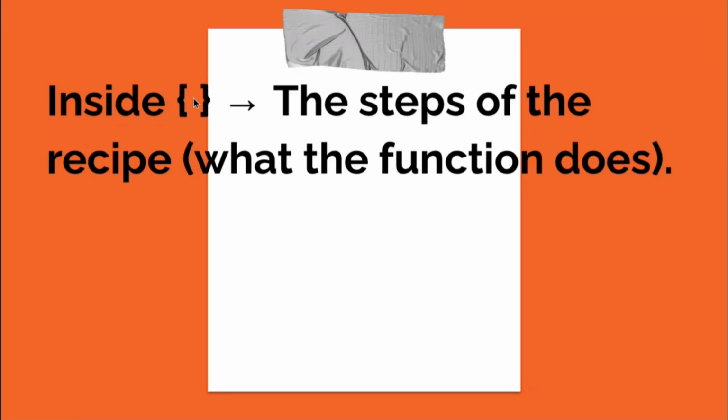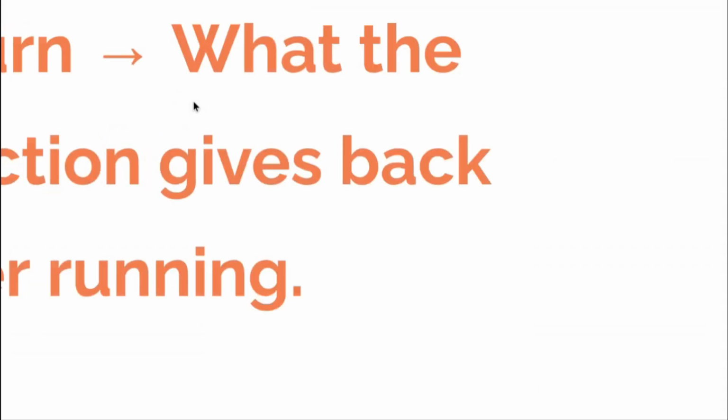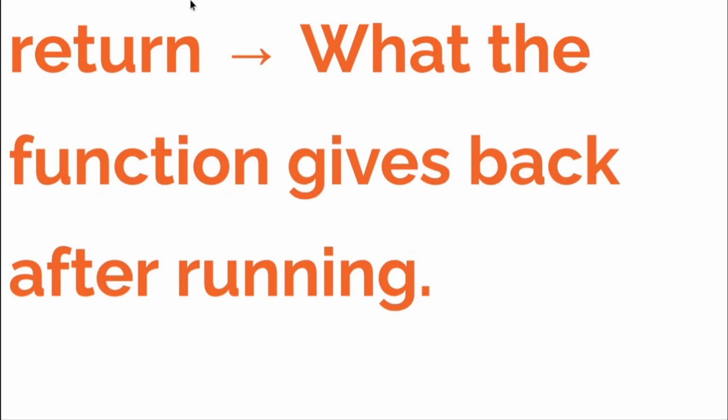Inside of this bracket, it will contain the steps that need to be taken to prepare what you want to do. So that is what function does. Then after the steps, it will give you an output. So it will now write return. This is what the function gives back after it runs. So after running it, it will give you an output.